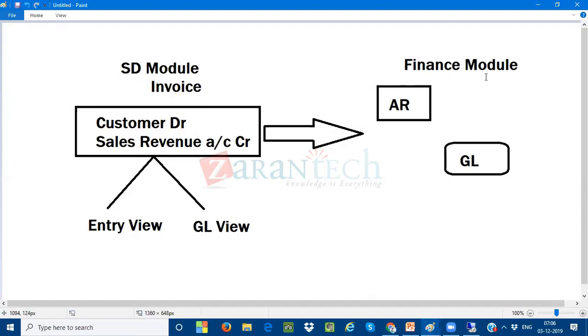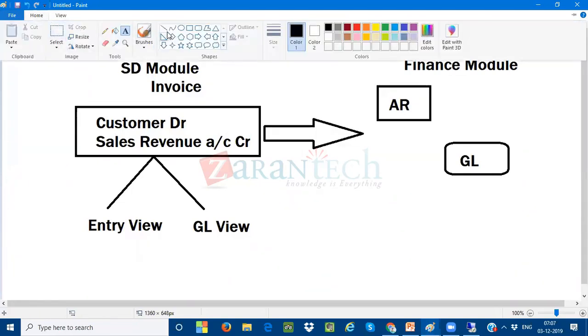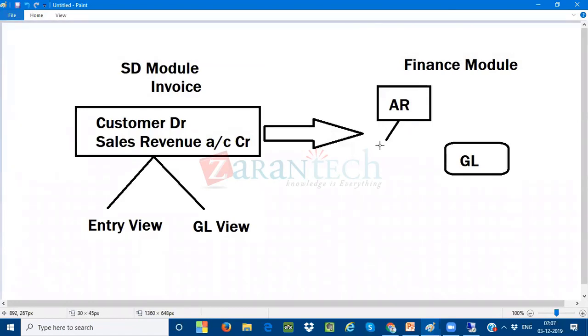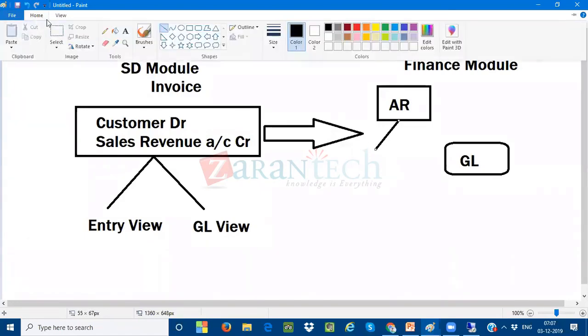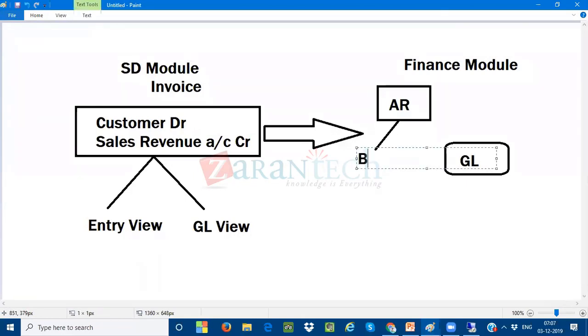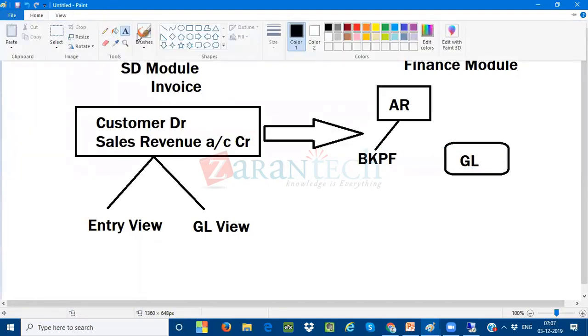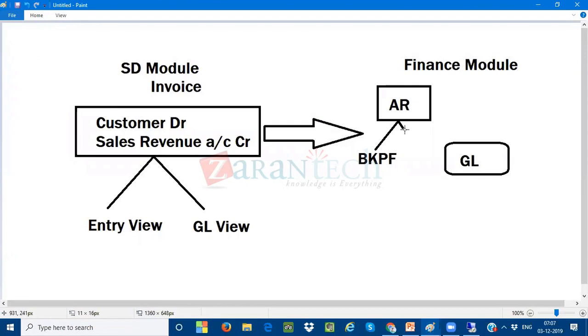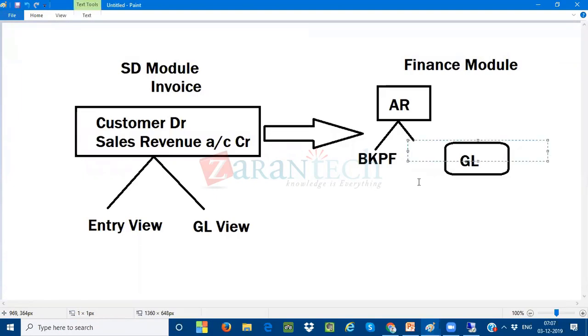Now, when I go and see the document which has hit my AR, that is the functional module, my financial module. Very, very important. When I open the same document in my AR, I can see it in two tables. One is BKPF, and because it is an open item document, the transaction also gets posted to another table, which is BSID.